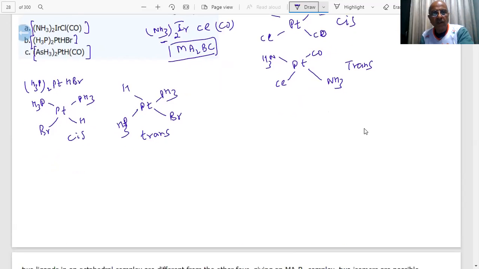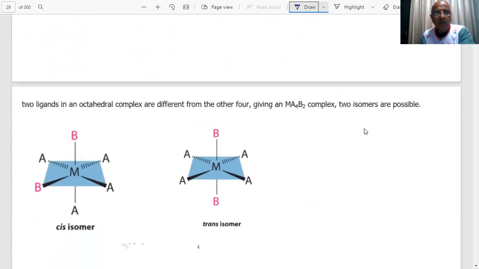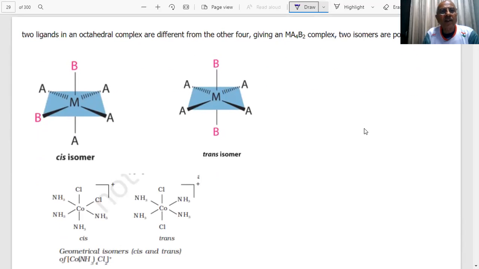Then we proceed further. In octahedral complexes, how many ligands are there? Six ligands. Octahedral means there are six ligands. This will have octahedral shape, student. Here, cis and trans is possible when you have complexes like Ma4B2, student.